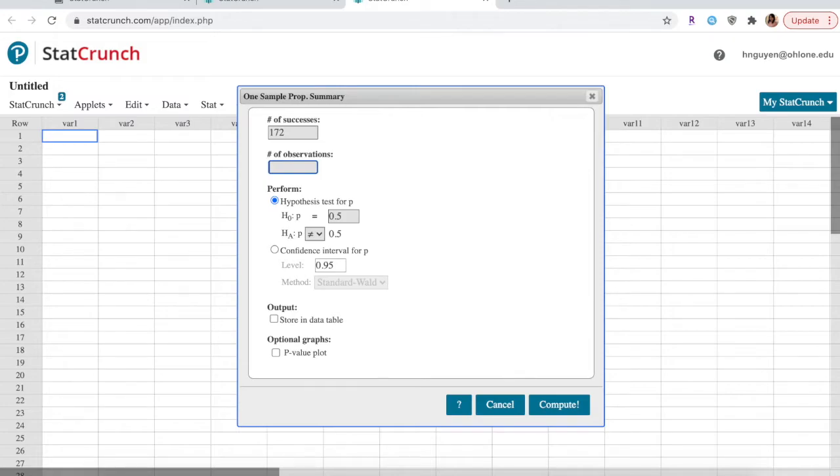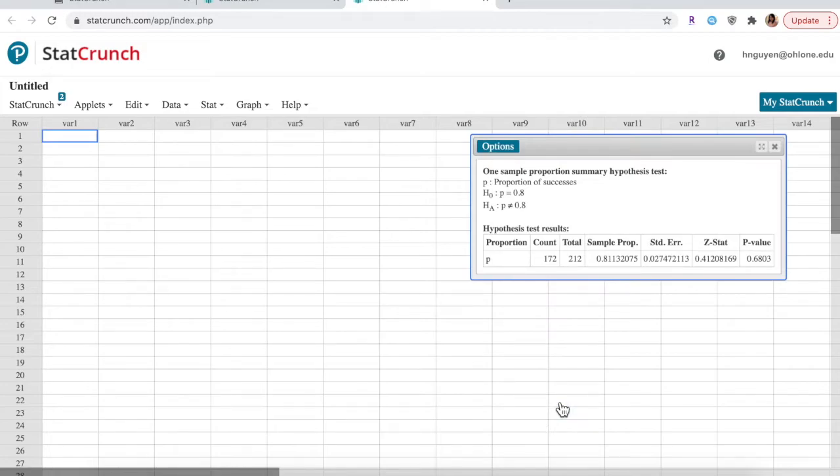Number of observations is your n, 212. We select the hypothesis test for p. In H0, p is equal to 0.8, and we choose not equal to for HA. Compute. This is my test statistic, and this is my p-value.